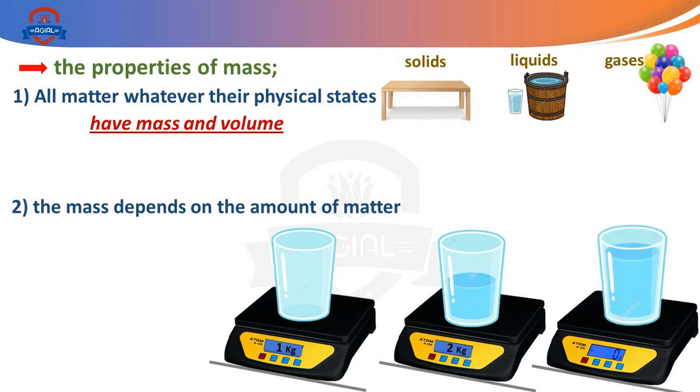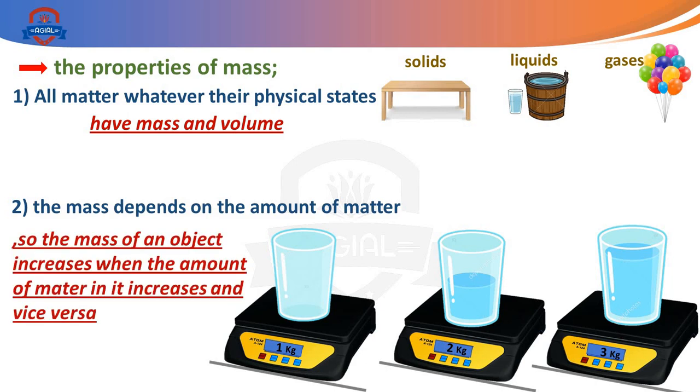Then I will put the third cup of water and its mass will equal 3 kilograms. So when I increase the amount of water, the mass increases. So the mass of an object increases when the amount of matter in it increases. And if I decrease the amount of water, the mass will decrease.